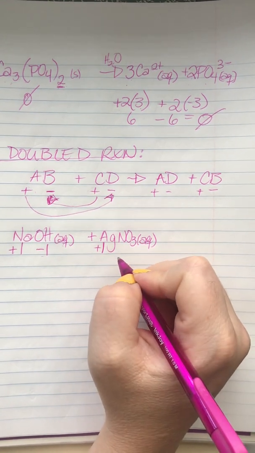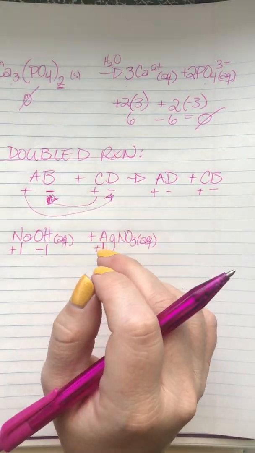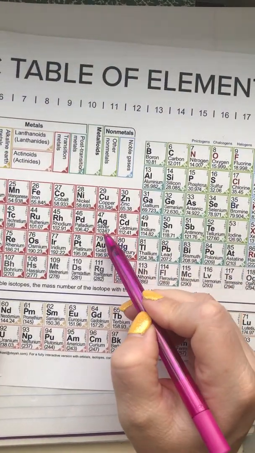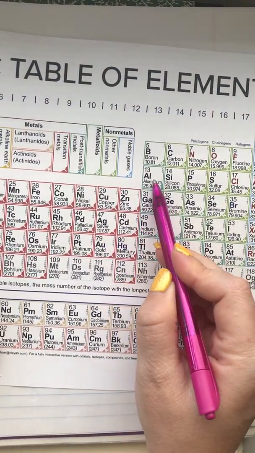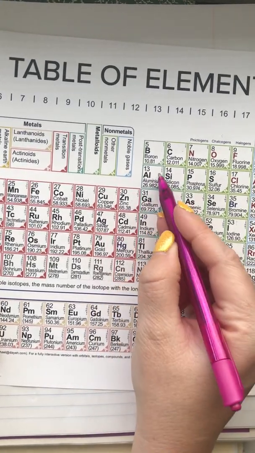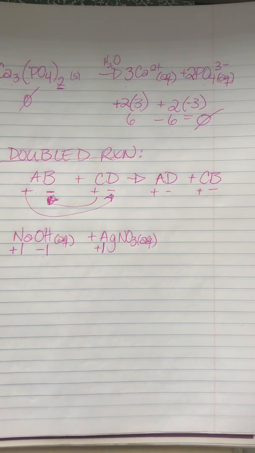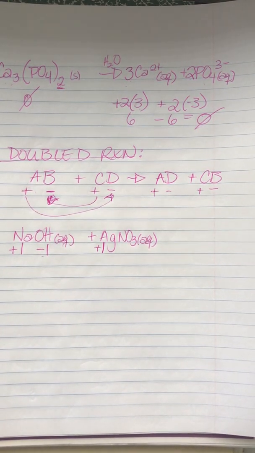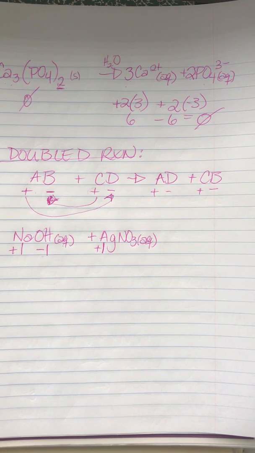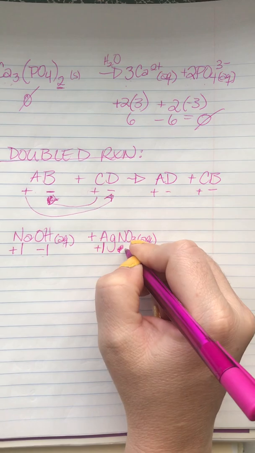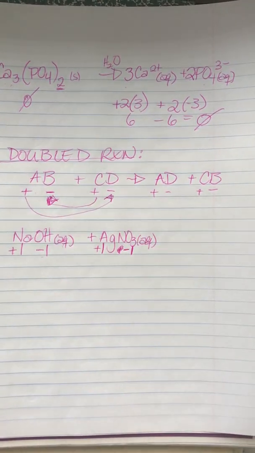You cool? And then here, silver is a +1, right? Now remember, silver was on our staircase. So we have silver, zinc, and aluminum, 1, 2, 3, up the stairs, so +1, +2, +3, right? So that's how I knew that that was a +1. But even if I didn't know that silver was a +1, nitrate is a -1, right?